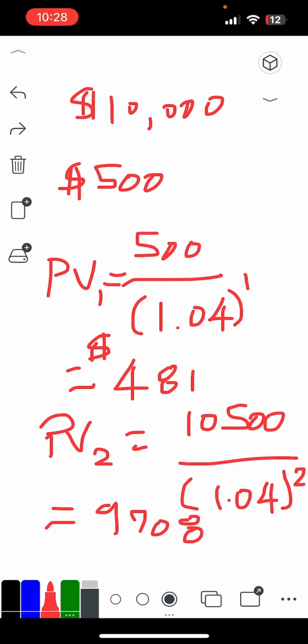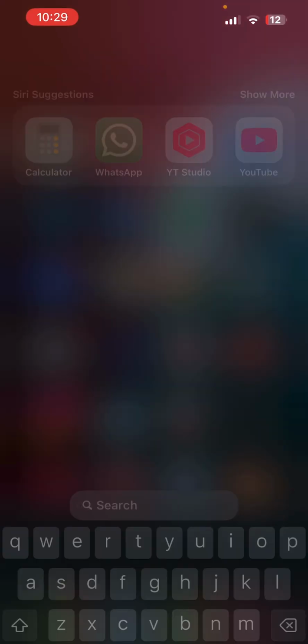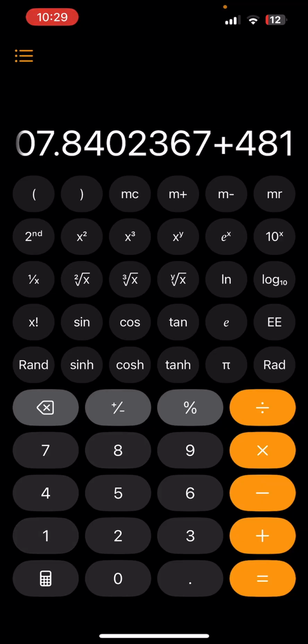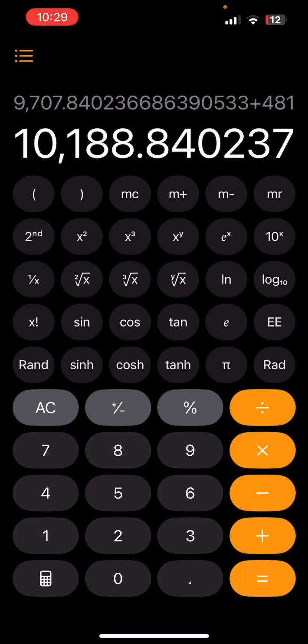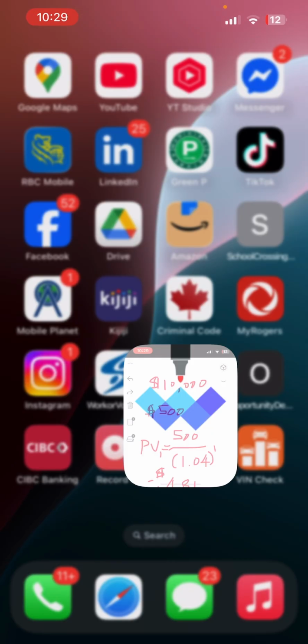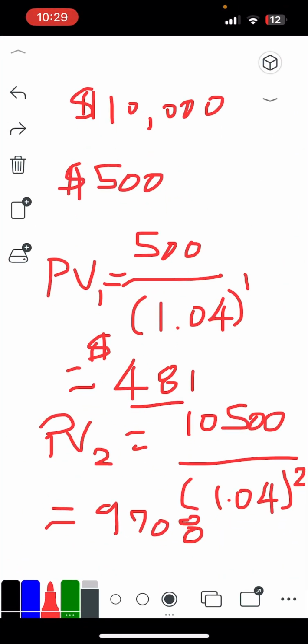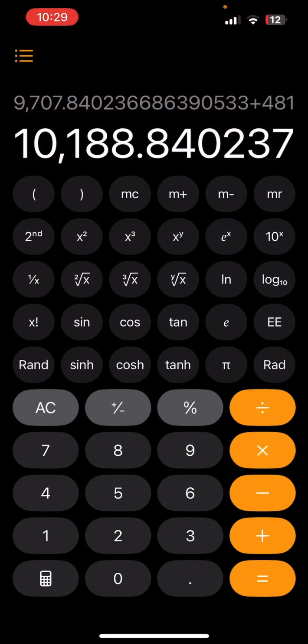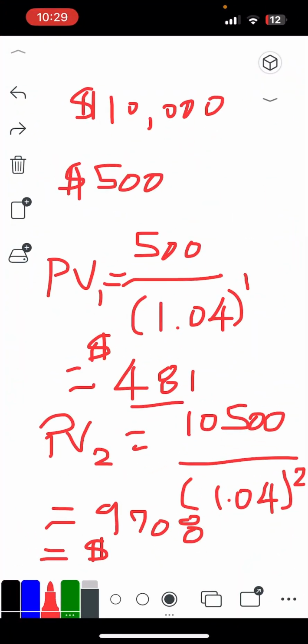Now you have $9,708, and you're going to add that to your present value over here, which is $481. This comes to around $10,189. Because of this figure, we know that it is more than your face value, which is 10K.